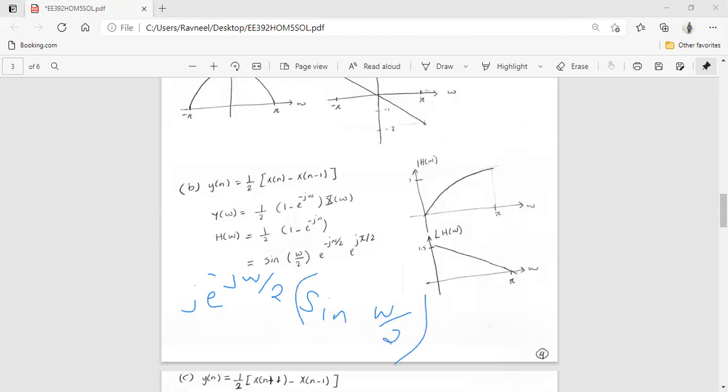That's how we write it, right? And then this is what you can see over here with this particular term.